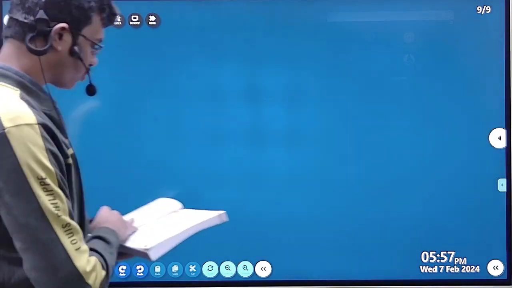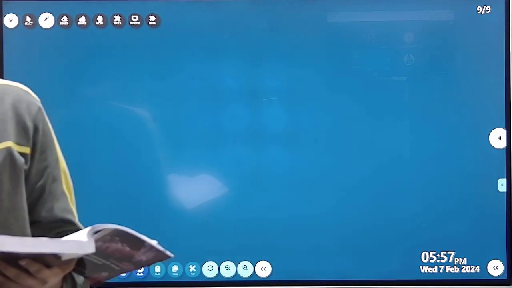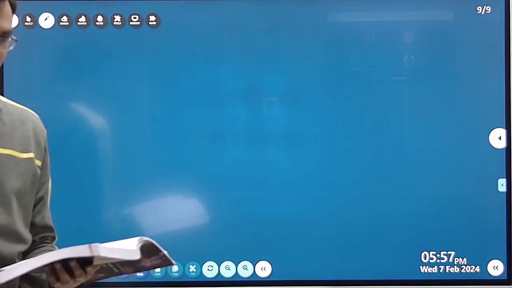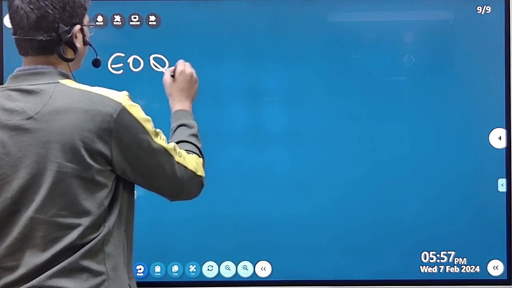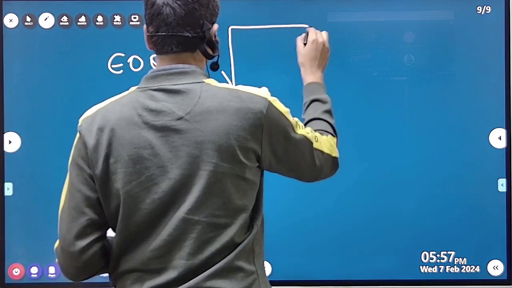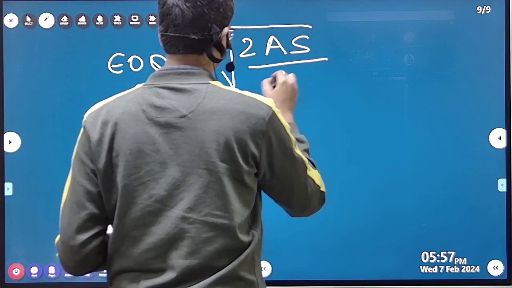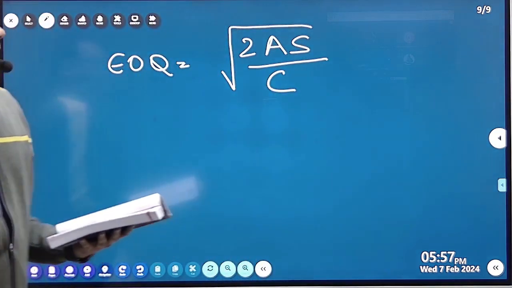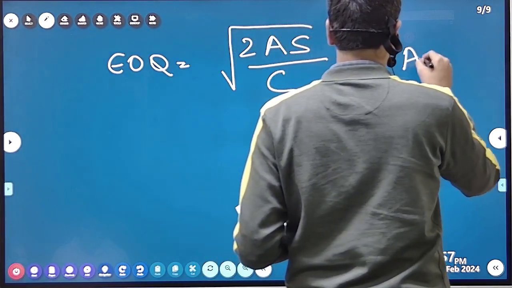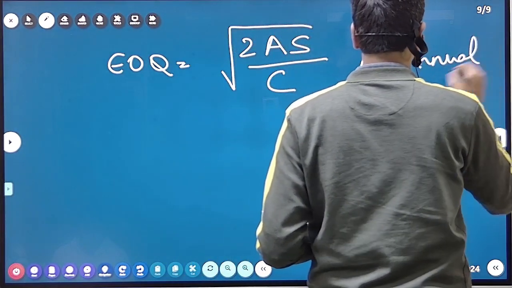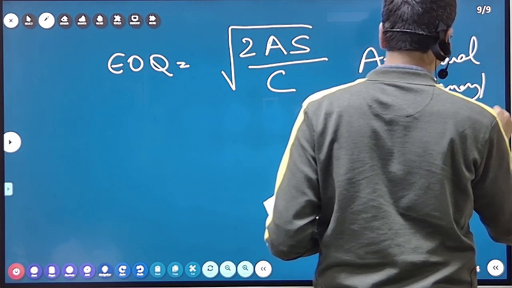Before we proceed, there are a few important formulas. You have to remember these, and this is very important. This will also repeat in your other papers. So EOQ is equal to under root of 2AS by C. A is your annual demand or annual usage.